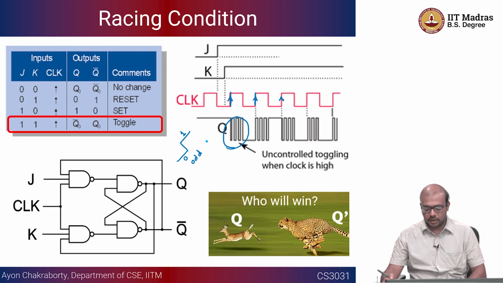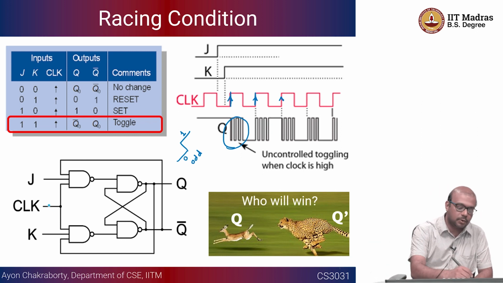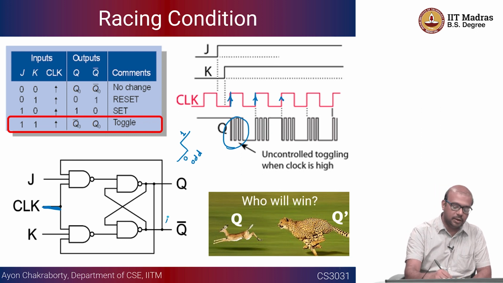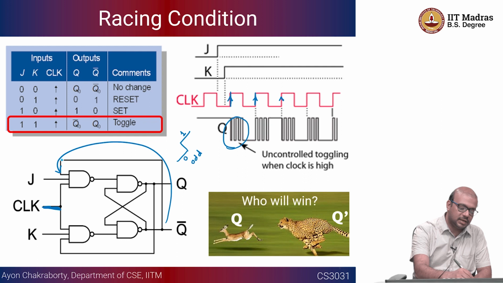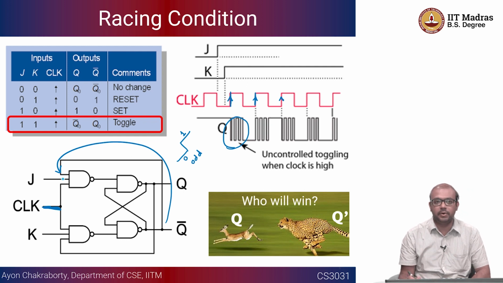The solution to this, as you can now understand, is that this is responsible. Why is the toggling taking place? Because the clock is kept high for a longer period of time. If the clock was kept high for a very, very short period of time, then this would not have happened, right. Because once the value gets here, the clock would become low, and this is not going to continue anymore.